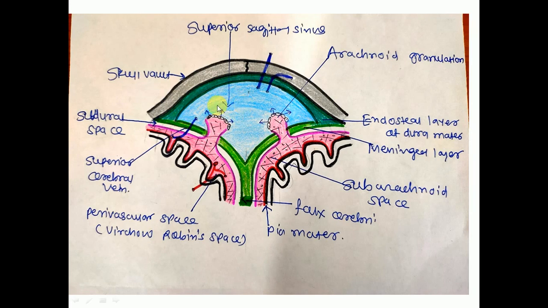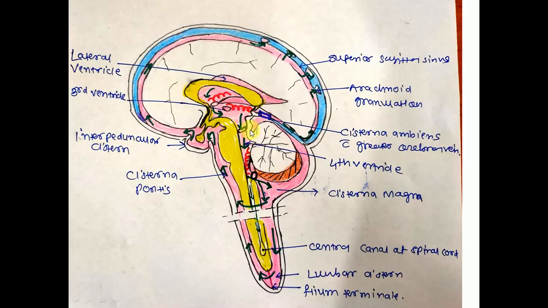So once the CSF enters, where does it enter? In the region of the superolateral surface of the cerebral hemisphere, it enters inside the superior sagittal sinus. How does it enter the superior sagittal sinus? With the help of the arachnoid villi and granulations.